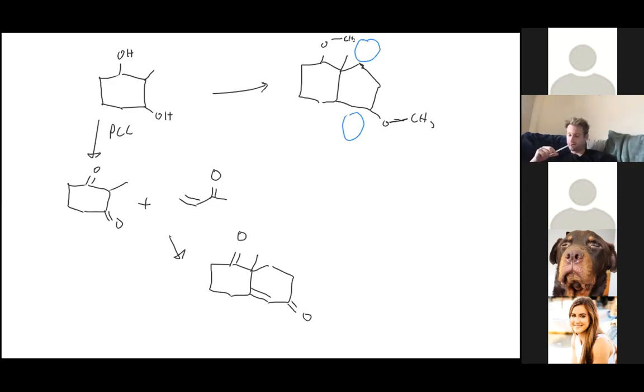From here, we need alcohols instead of ketones, so we need to reduce this. We also don't have our alkene here, so we're probably going to want to reduce this with H2. That's going to get rid of every double bond here.